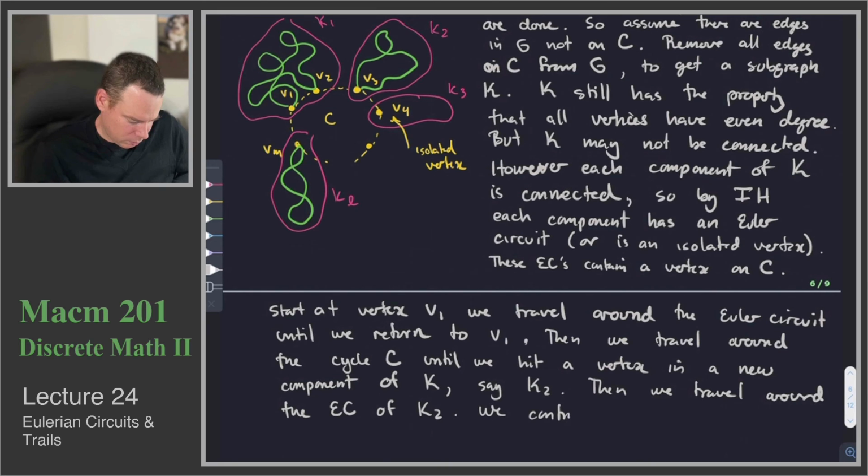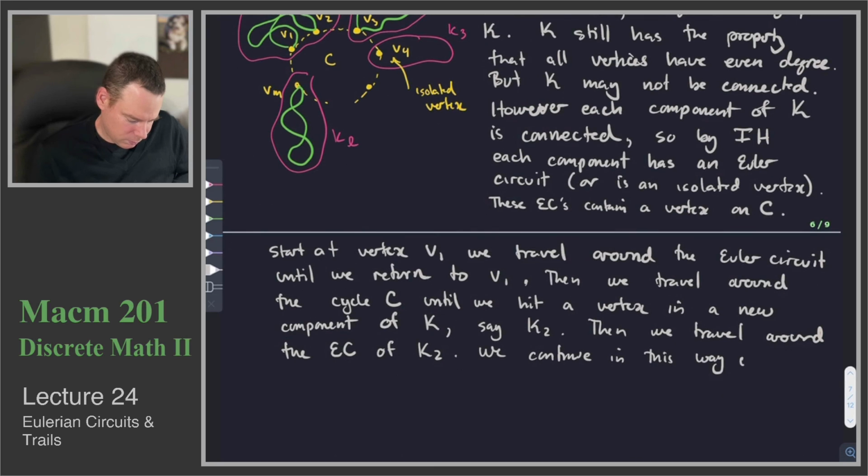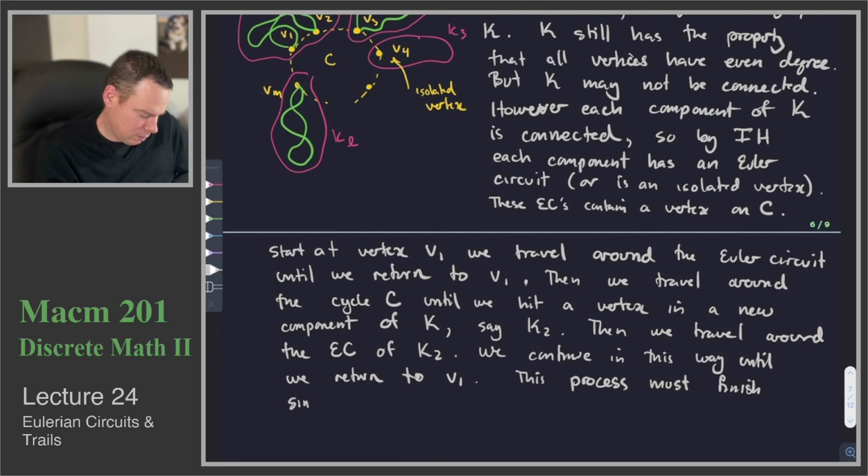We continue in this way until we return to V1. This process must finish. So this process must complete since G is finite. There are only finitely many edges, finitely many vertices. So this process has to be complete.